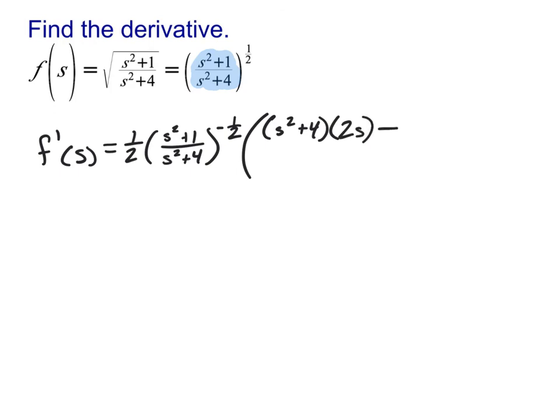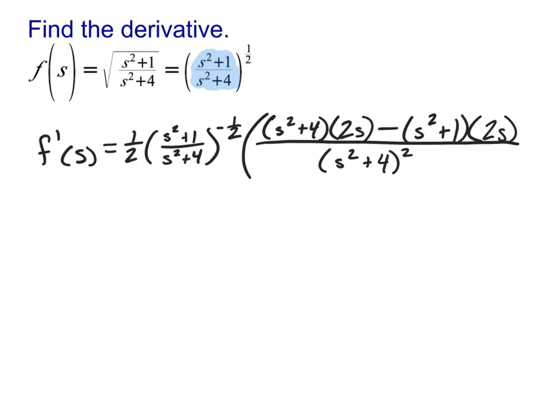Minus, so that's high d low, so that's going to be the s squared plus 1 times the derivative of the bottom. Derivative of s squared is 2s, and that's all over the square of what's below. So that's going to be all over the s squared plus 4 squared. There we go. We have our derivative.